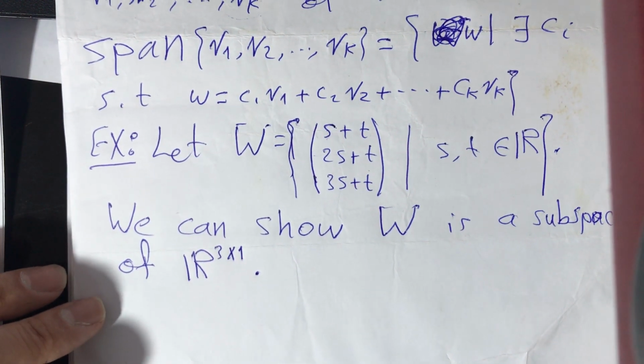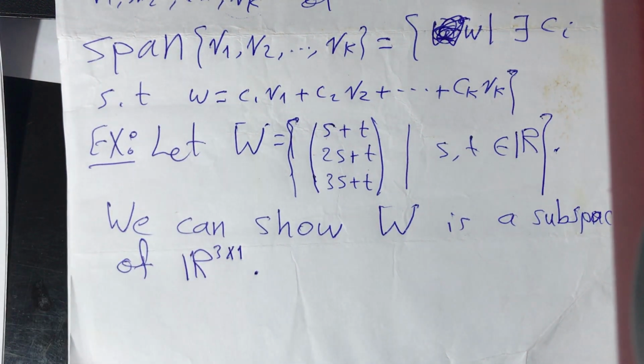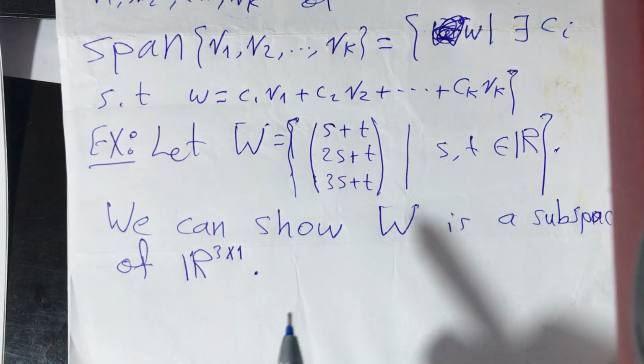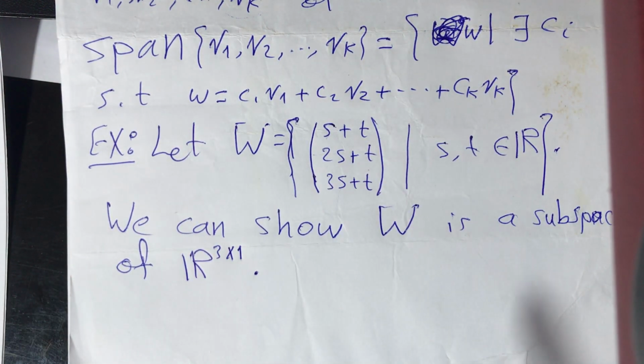If we want to prove this set is a subspace, we have to satisfy 3 conditions. The first condition: W is a non-empty set.